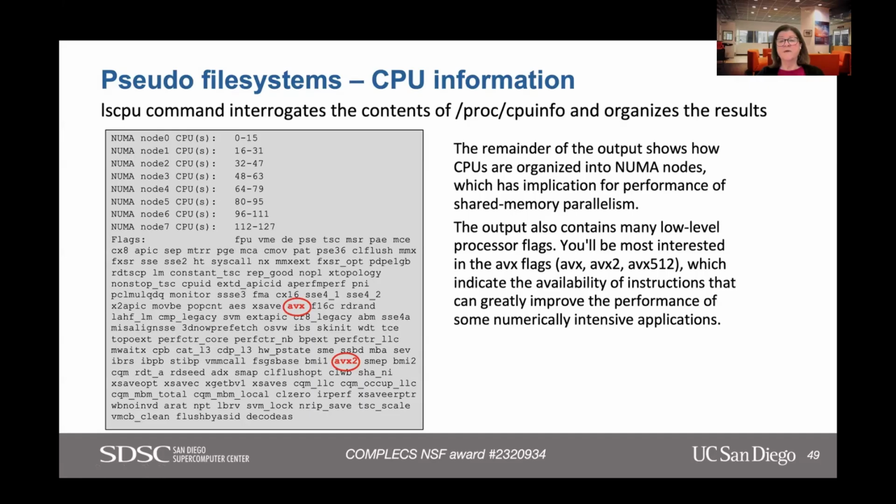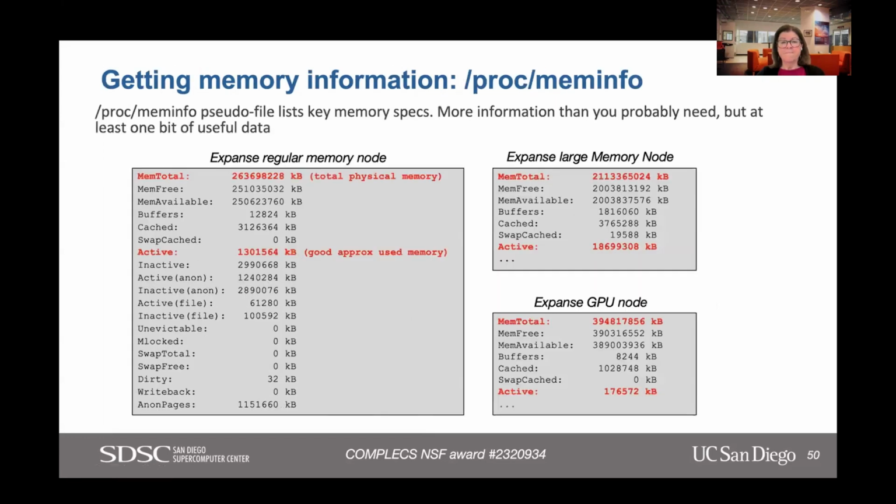These examples are on Expanse, and look for information about these flags, and they're explained, or the links to the information are in the user guide. So for getting memory, /proc/meminfo gives you the information of a regular memory node on Expanse, or a large memory node, or the GPU node.